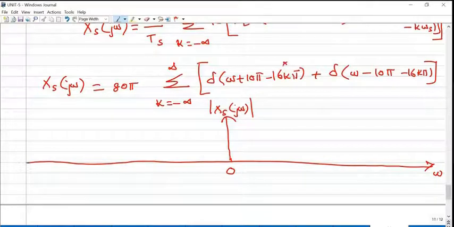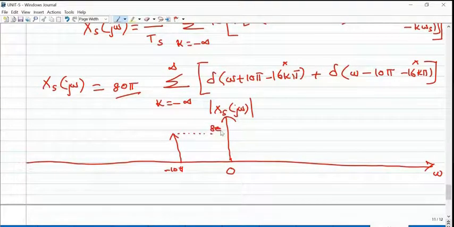This term will be cancelled. So δ(ω + 10π). Where to draw δ(ω + 10π)? On the left side. This magnitude is 80π. Next, δ(ω − 10π).